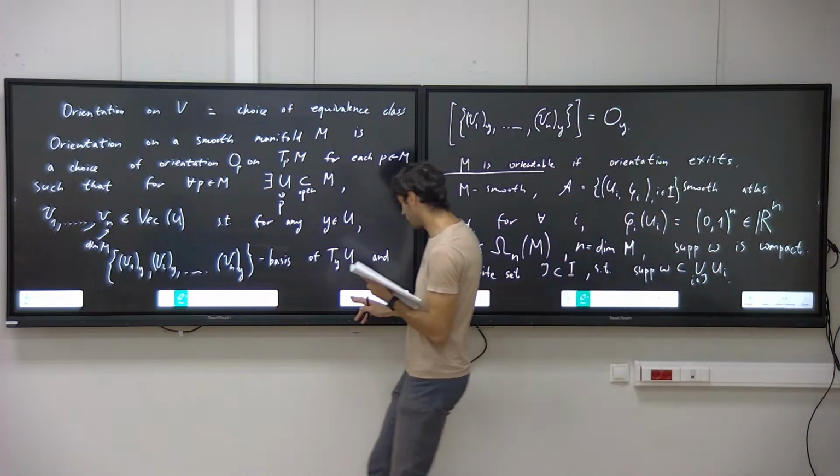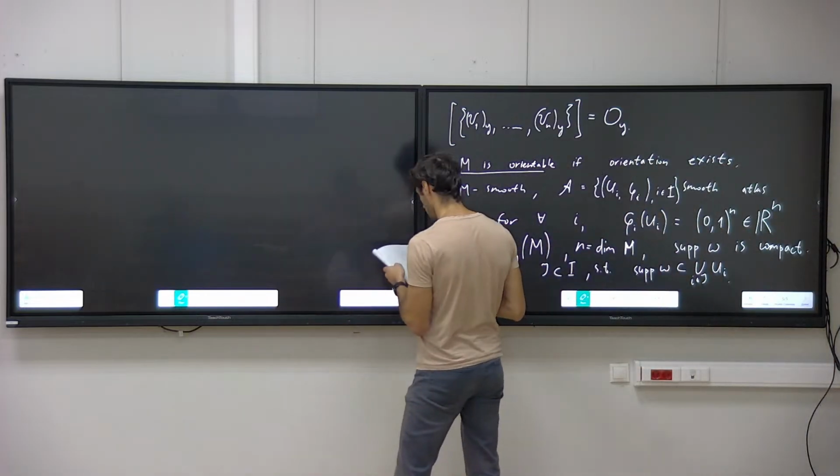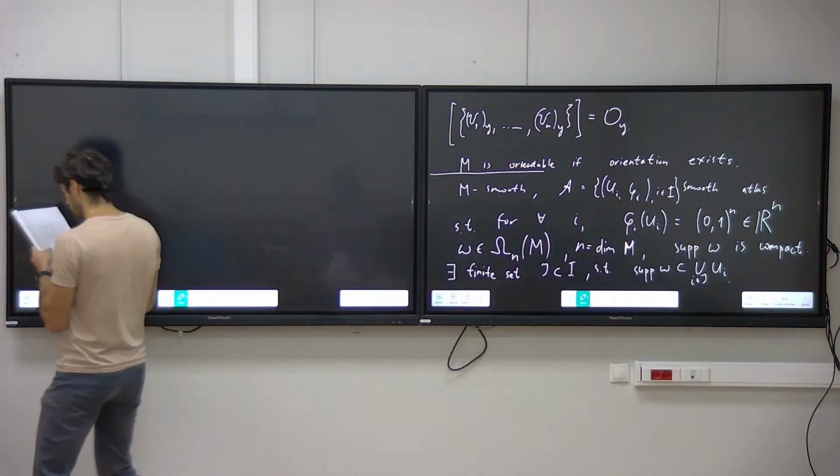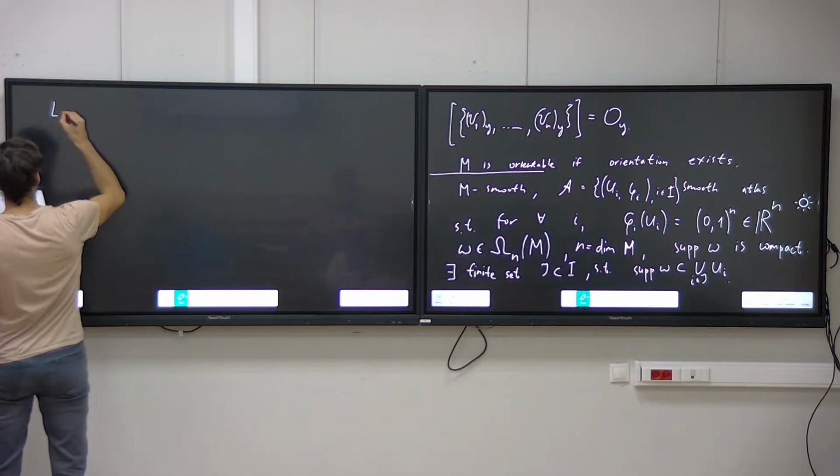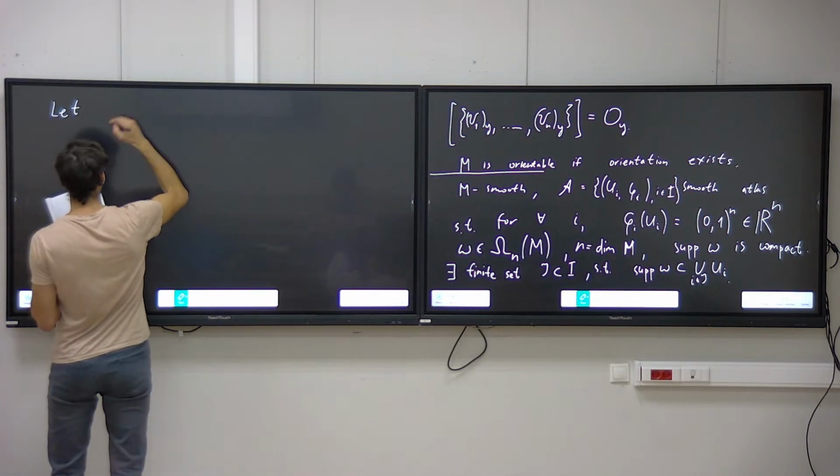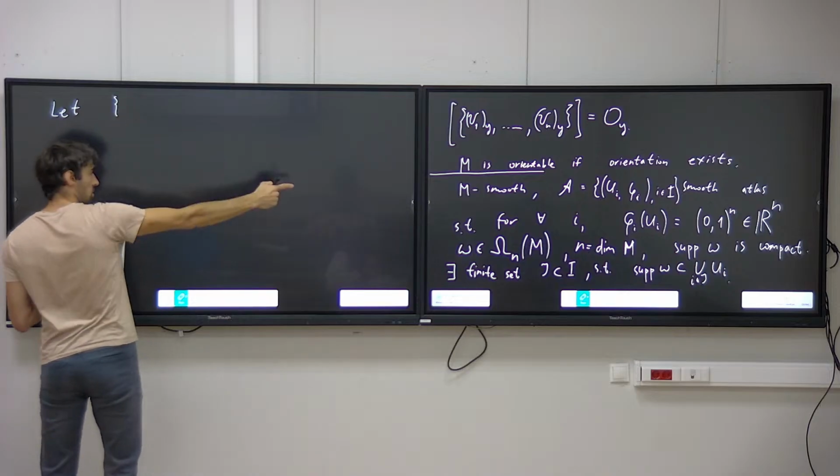Okay, so what else do I need? So also I would like to have partition of unity subordinate to ui.